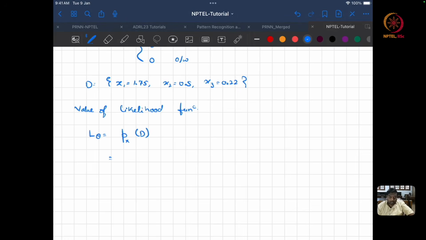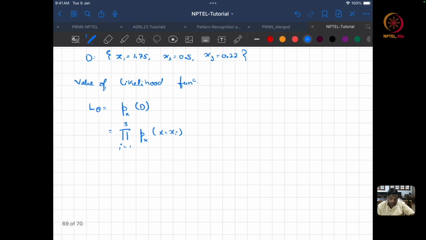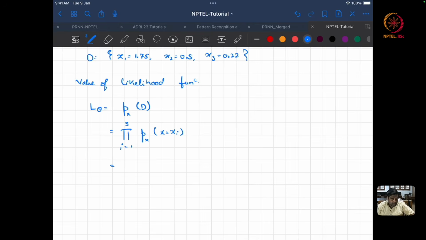Since all of them are independent, I can take the product: product for i equal to 1 to 3 of p_X of x equals the value xi. Now please remember there is a lot of abuse of notation happening. This is nothing but the product for i equal to 1 to 3 of 1 over theta, which gives 1 over theta cubed. There are three values.